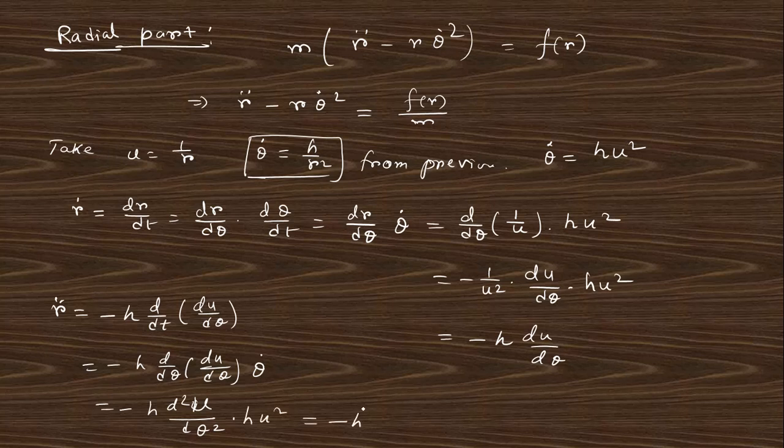So this gives you minus h square u square d2u d theta square. So we get r double dot. Now put this in this equation.